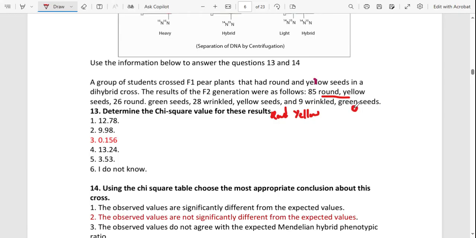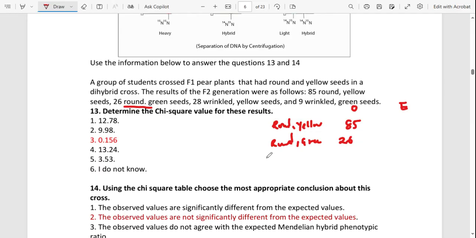So we're going to be having observed results, and I can put all the values that we have seen here. And then what are the values that we are expecting? Those are expected results from the Mendelian ratio. So round and yellow, how many are they? They are 85. That's the observed. And then the next is round and green. Those are 26.